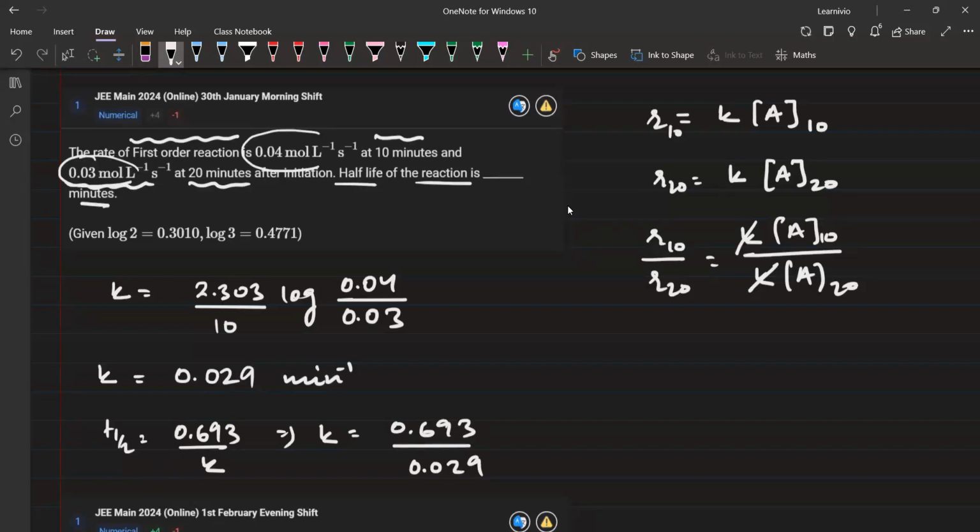Once you divide both of these numbers, this is T half, my bad, you will get the value as 24.096 or 09, something like that. So the nearest integer is 24.